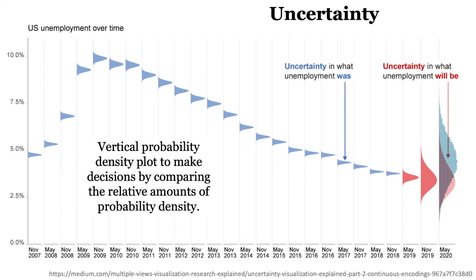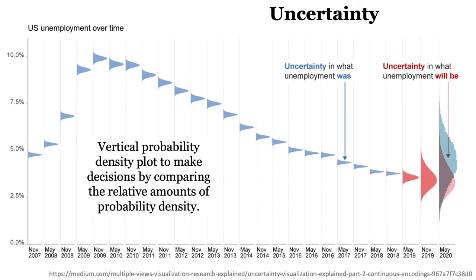And the way we use decision analysis, the way we use this distribution of uncertainty as an informative tool for decision making, is that we can look at these uncertainty distributions, this uncertainty that we have about a future state of something of interest, that is unemployment, and we can look at it under different cases.